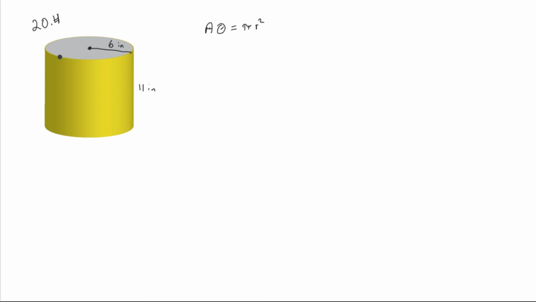And because we have the whole circle here, we don't have to divide it by 2. All we have to do is drop in our numbers. So the radius is 6. 6 squared is 36. So 36 pi, okay, that's going to be, technically, 36 times 3.14, right?